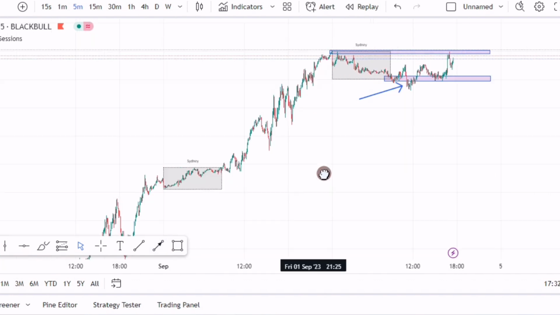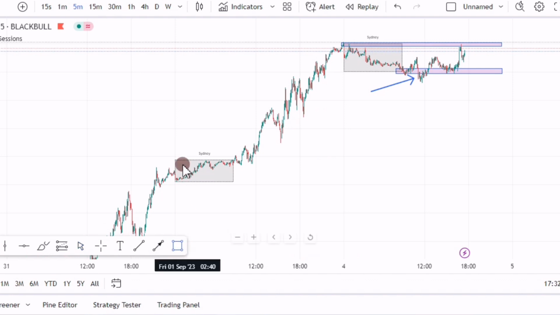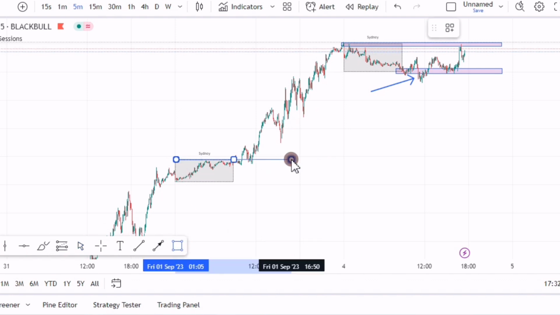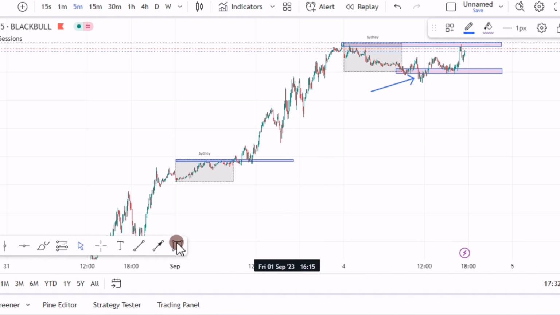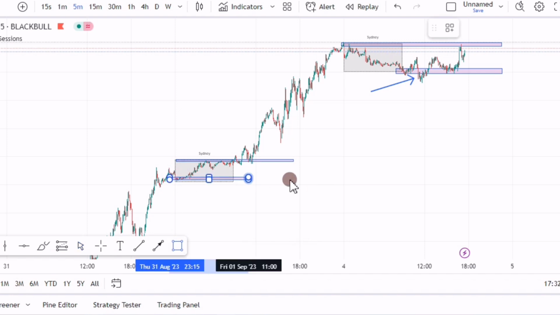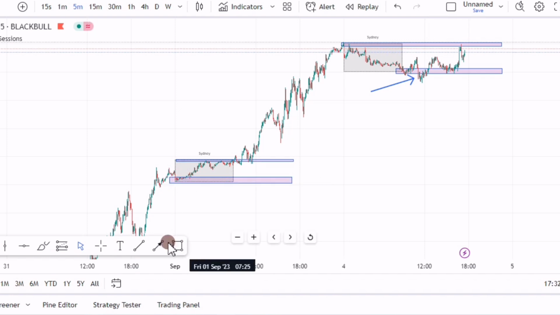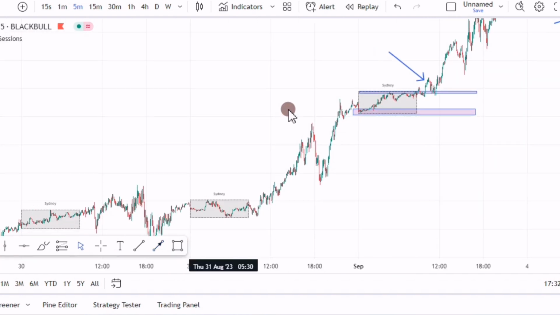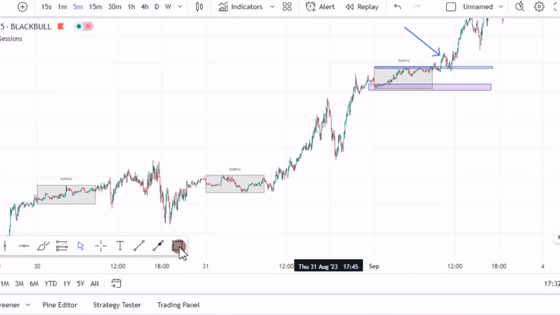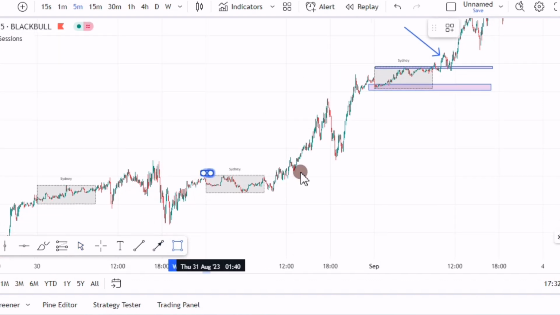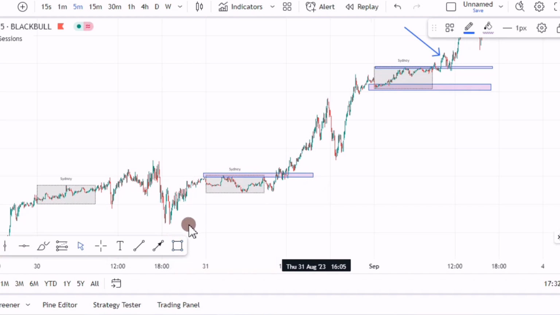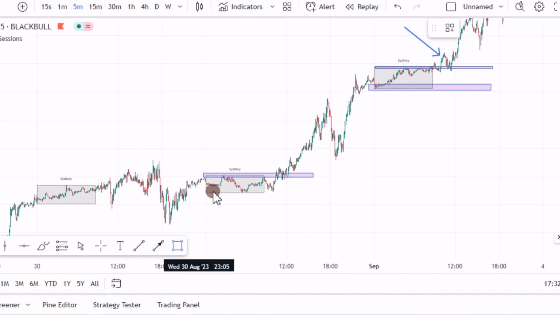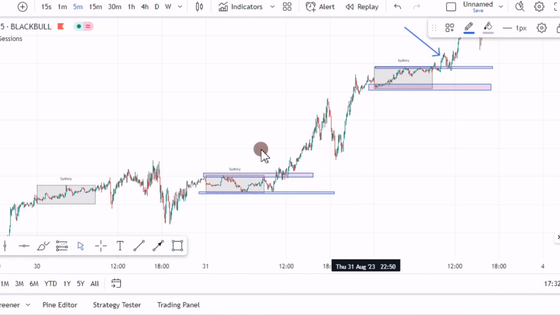Let's just take what happened yesterday. For yesterday, you could have had a very clean move. You could have marked that key level and then that key level. So when price closed above there, you could have taken a buy trade. Let's go back the day before that. You could have marked that highest point on Sydney and then that lowest point on Sydney.